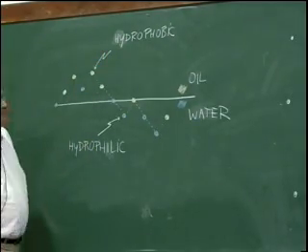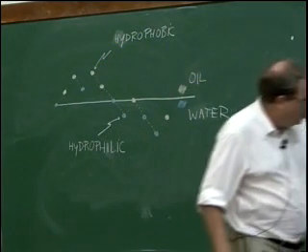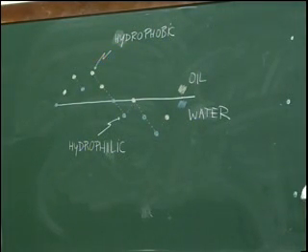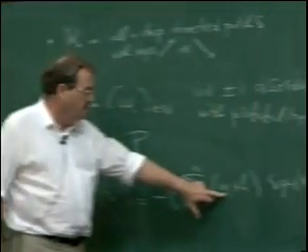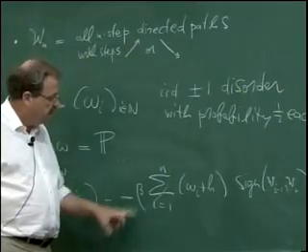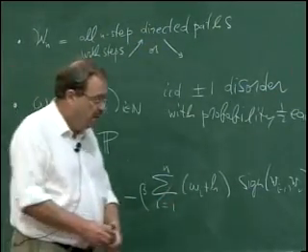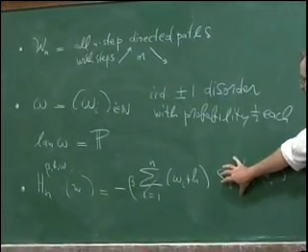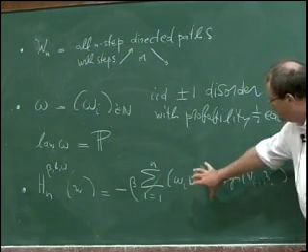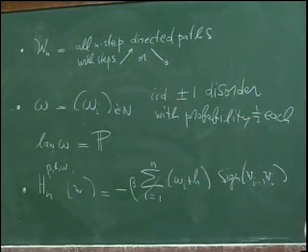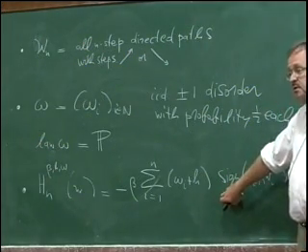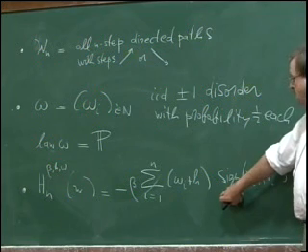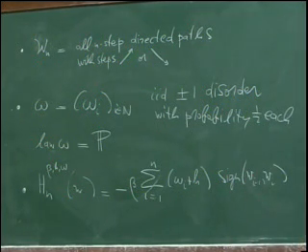Because an up excursion will correspond to this being +1 over the whole excursion, and a down excursion will make this equal to -1, and so I will be adding up my omega i's with a plus or a minus sign with these parameters in the excursion. So in the excursions this becomes all plus or all minus, and therefore if I know something about the omegas in the excursions, I will be able to get my hands on this Hamiltonian. So there is again an excursion way of looking at these things.